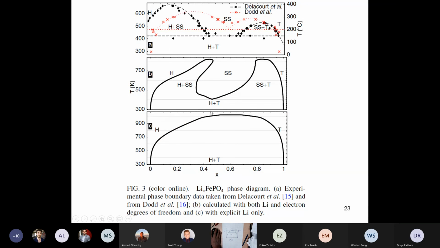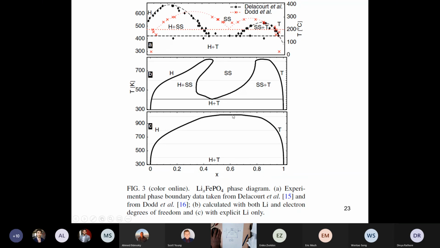Here, if you look at the phase diagram of lithium iron phosphate, it's very complicated, okay? It's much more complicated than the mean field theory phase diagram. So this bottom panel C, it's almost like the phase diagram I sketched.